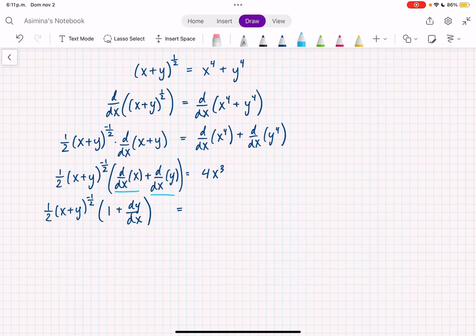Now what is this part here? That's going to be the derivative of y to the fourth, so we can take that like we normally would, so that's plus 4y cubed, and then we're multiplying by dy/dx. Great. Now I can factor out 4. Well, maybe I don't want to do that yet. I'll just rewrite this here.